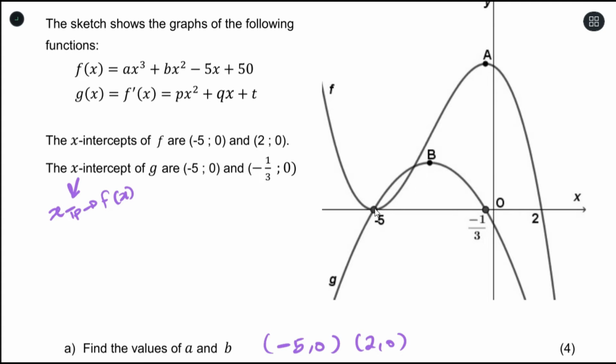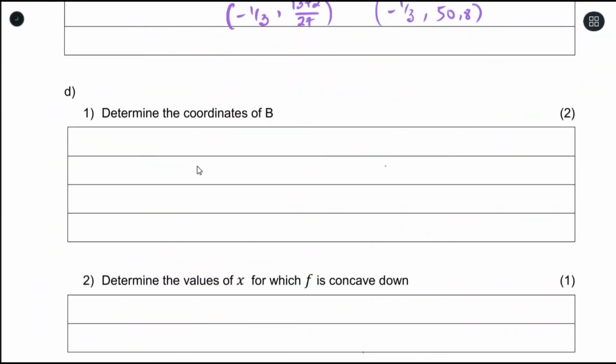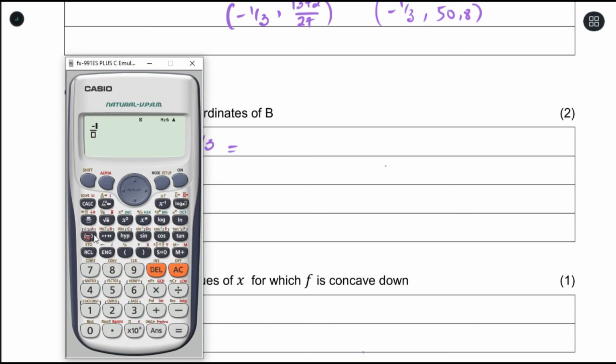Whenever you have the two x-intercepts and you're trying to get the turning point, you could use the midpoint formula, and it helps you figure out what that x value is. So that's what I'm going to use to answer this. There's multiple ways, but to me, I feel that that's the easiest way. So I could say negative 5 plus negative 1 over 3, divided by 2. What would I get?